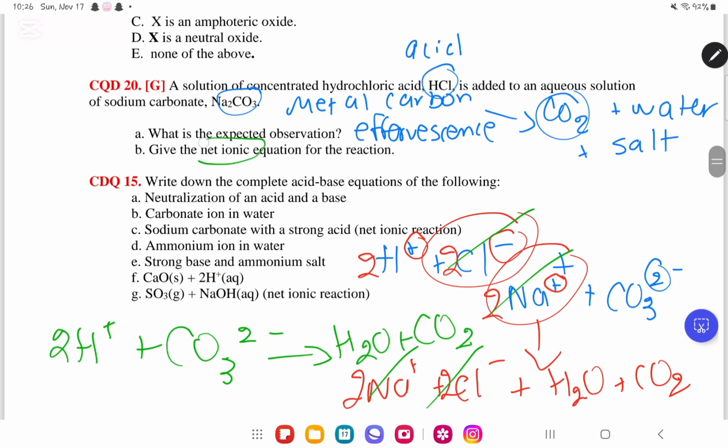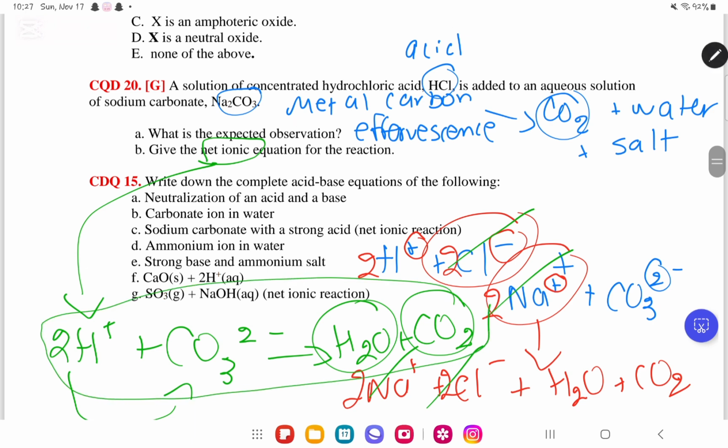This is the net ionic equation. They need only the things that form solids, you know, that do not form ions. So you add this to this, it will form water and carbon dioxide. When I said solids, I mean something that's physical, not an ion. So this over here is the net ionic equation.